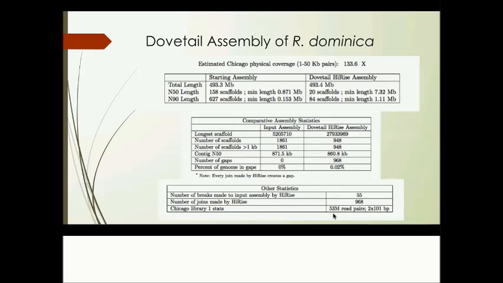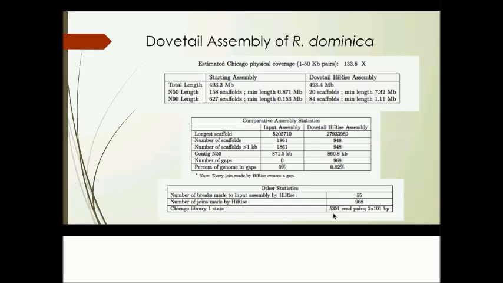And so this is the kind of representative data that you get from Dovetail when they start talking about the results that they've gotten. And so the Chicago coverage, which Brandon explained, the Chicago libraries, was about 134x with HiSeq sequencing.